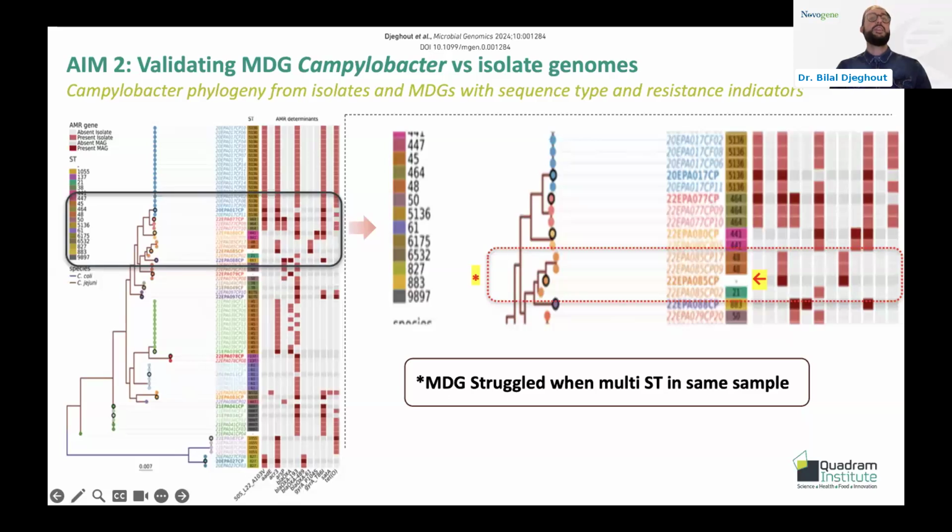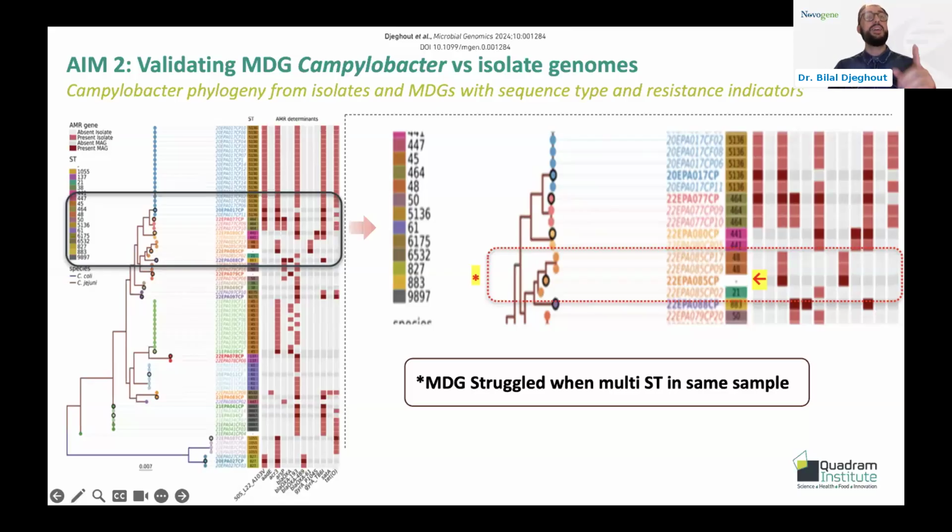Continuing on our second aim, we observe different aspects of the phylogenetic tree regarding Campylobacter validation. Focusing on the case highlighted with the red dotted frame, we detected 2 distinct sequence types from the isolates, yet the MDG was unable to assign any ST. And this underscores a challenge when multiple STs are present within the same stool sample.